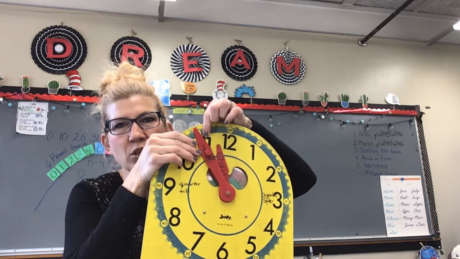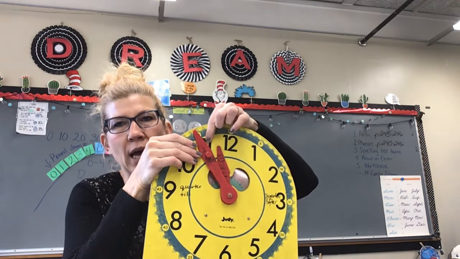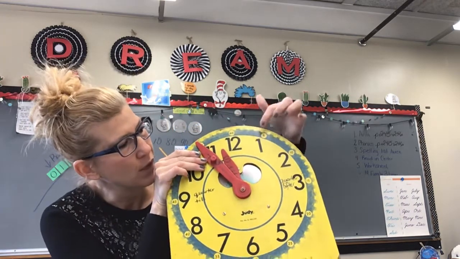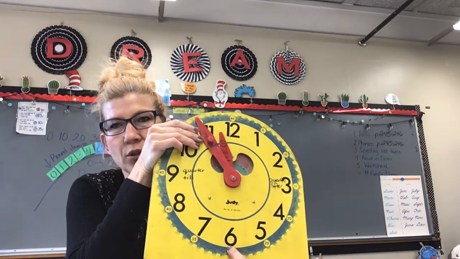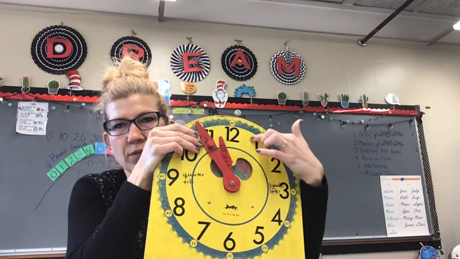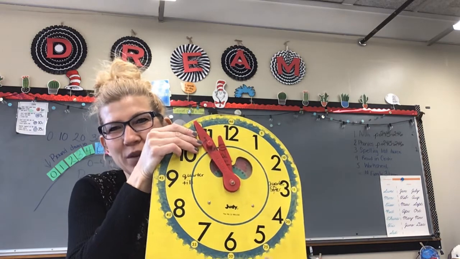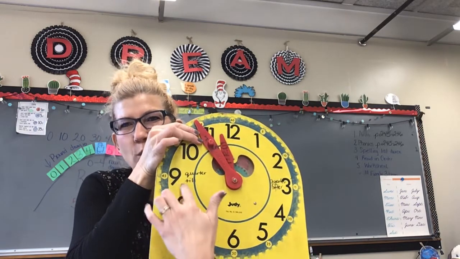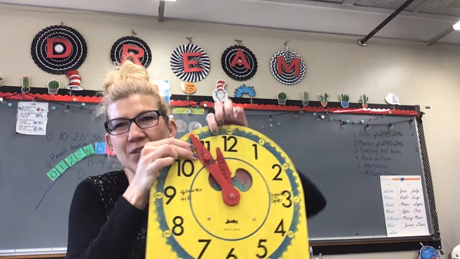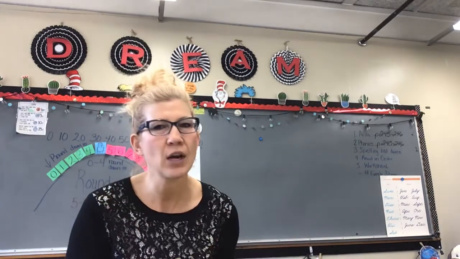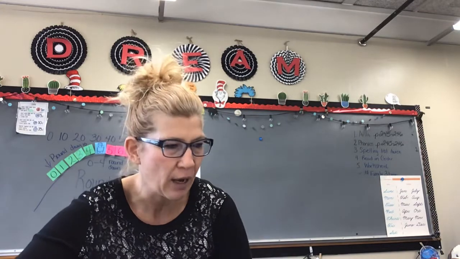So it still stays with a smaller hour. So we're at 11, and let's count. 5, 10, 15, 20, 25, 30, 35. Whoops, I didn't do that right. 5, 10, 15, 20, 25, 30, 35, 40, 45, 50, 55. So it's 11:55. So that should have been your time for the third clock.